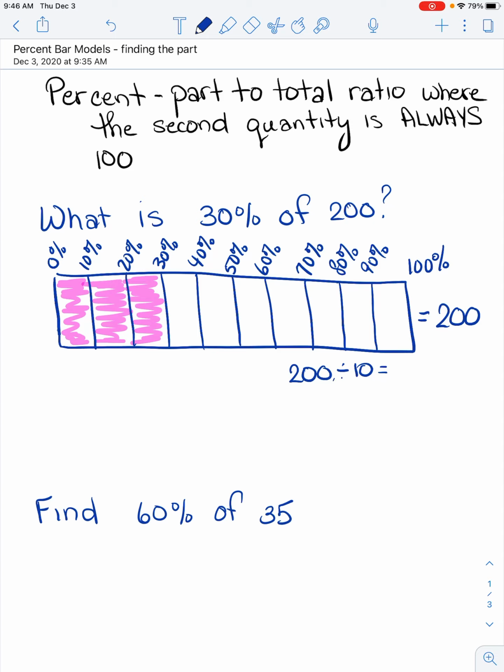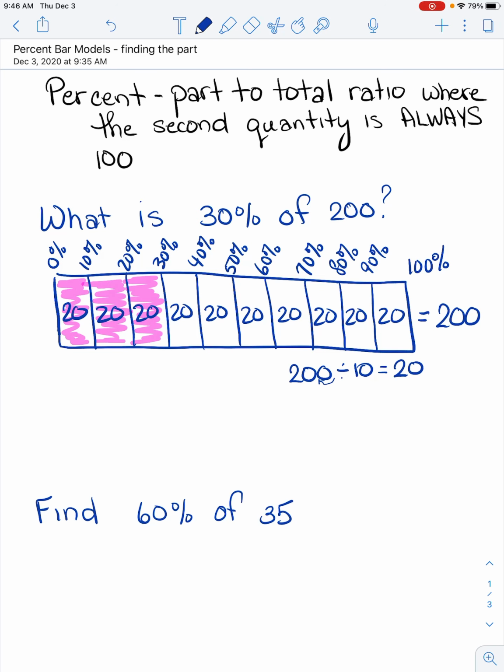I'm just going to move the decimal point, and each piece is going to represent 20. So I'm going to put 20. All the boxes have to be the same, just like in a tape diagram or a fraction model, because this really is a fraction model. Each piece represents 1/10, which is 10%.